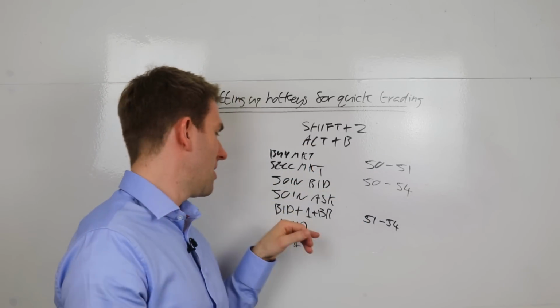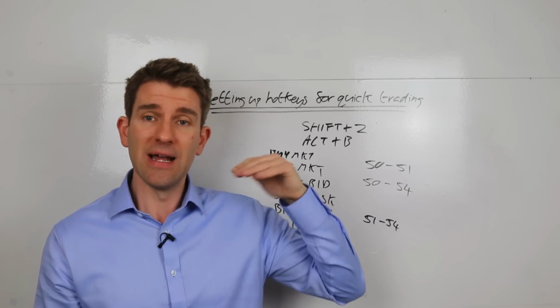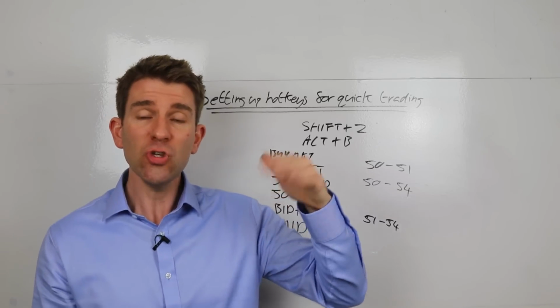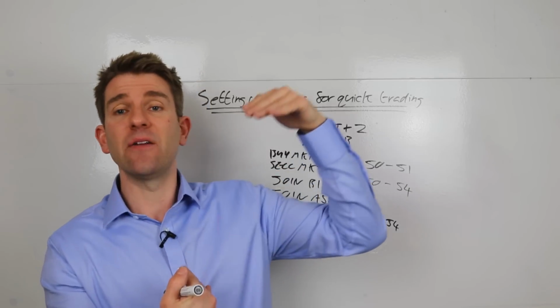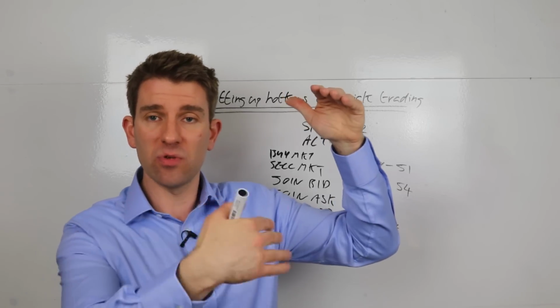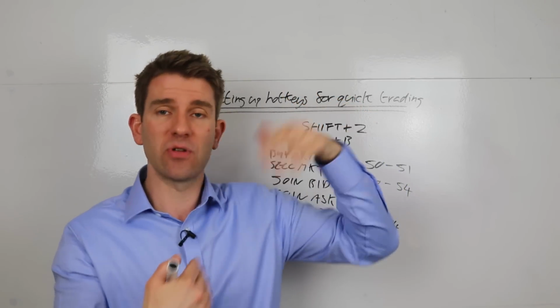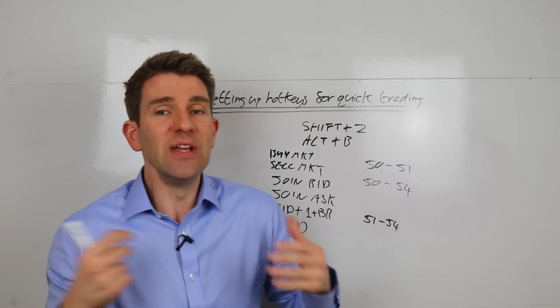You hit that bid plus one plus bracket order, and let's say it put 10 lots in for you at the bid plus one. You got filled automatically. It might put in, let's say, a 6 tick stop and a 15 tick target straight away in the order book. In which case, if one of them was filled, let's say it went straight and hit your stop, it would cancel the other one. If it went up and it filled your limit, it would cancel that. So you didn't have to mess around.